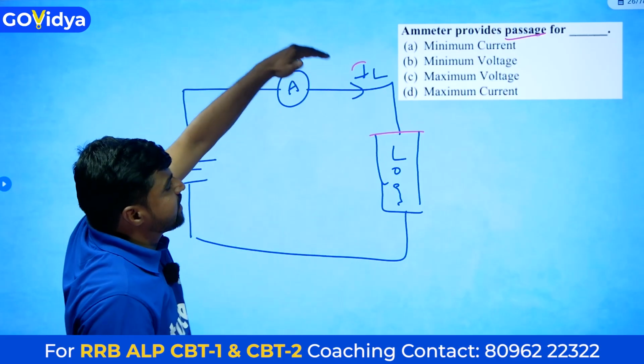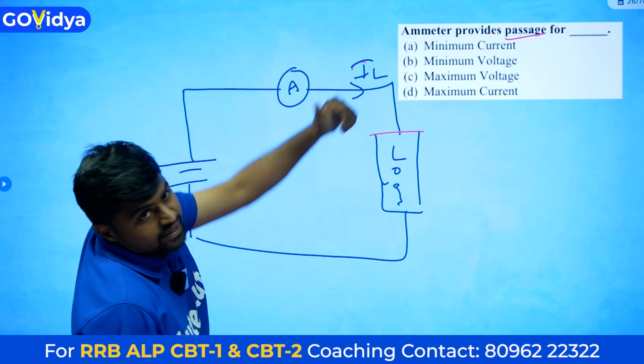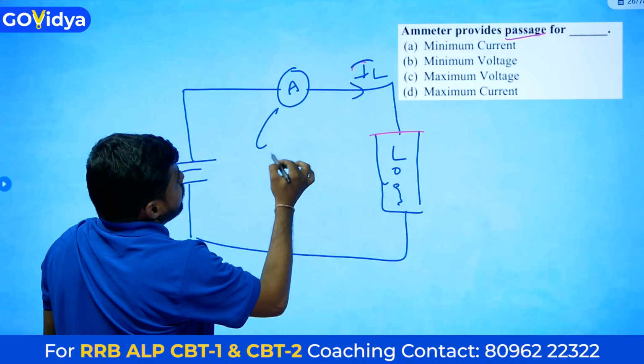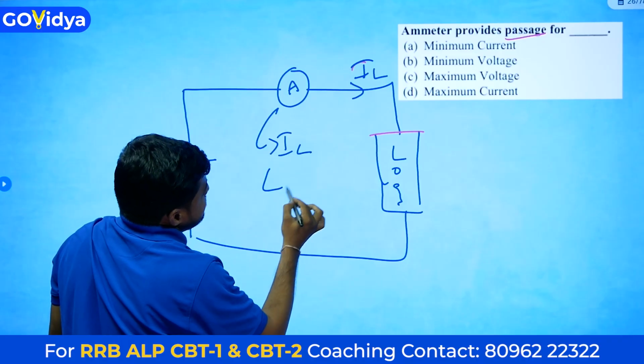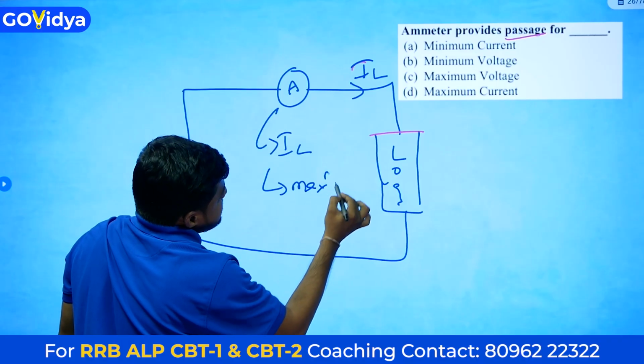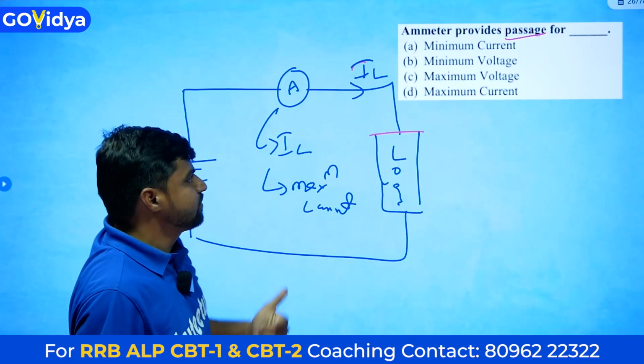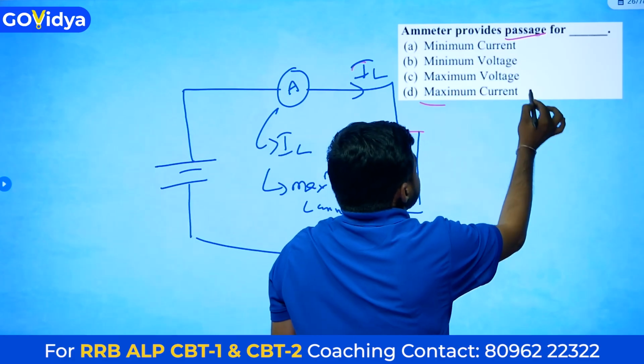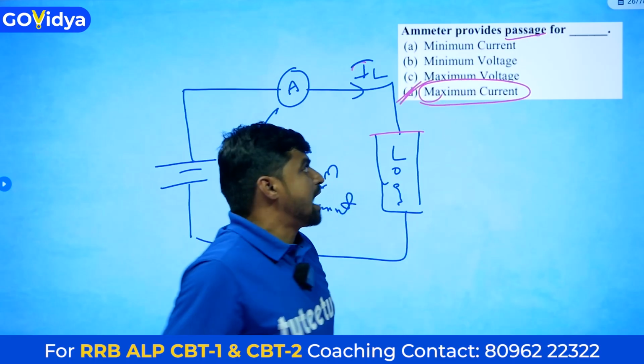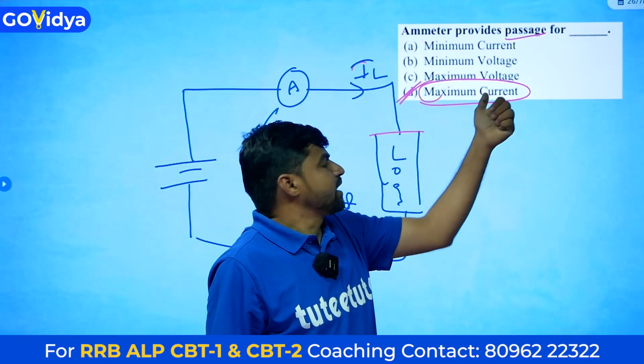The same IL current will flow through the ammeter. Load current is the maximum current. So the ammeter allows maximum current. From the options, option D is the correct answer.